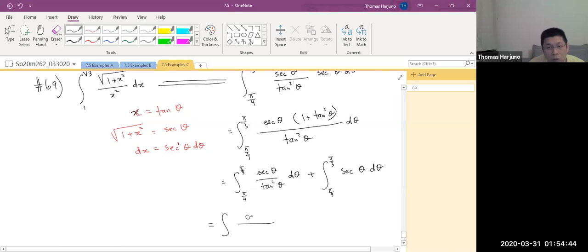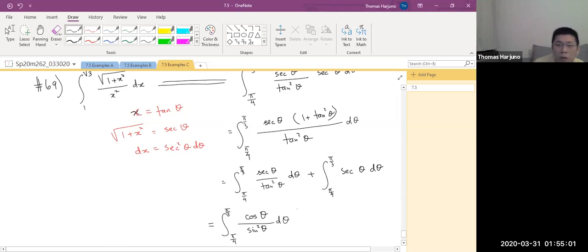So there'll be cosine theta here and sine squared theta. Oh, duh, this is so nice. Why didn't I see that? Is it like this?